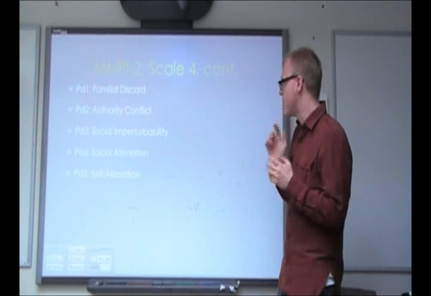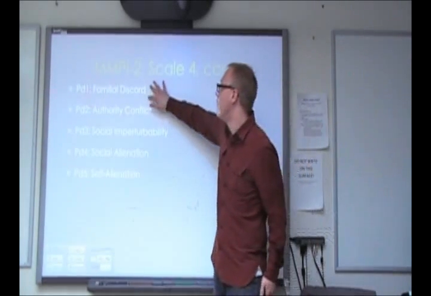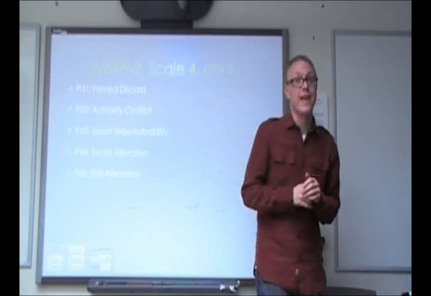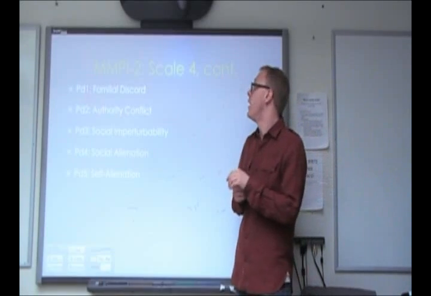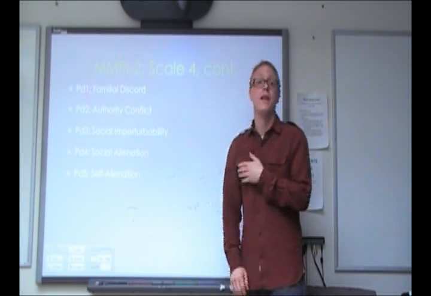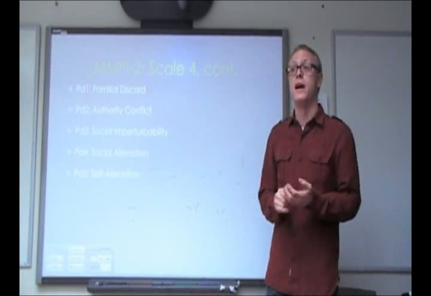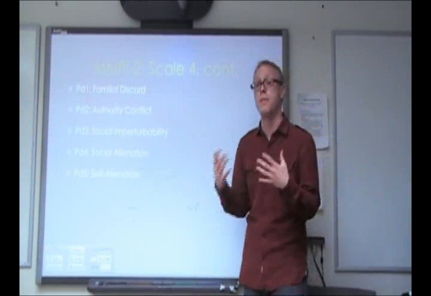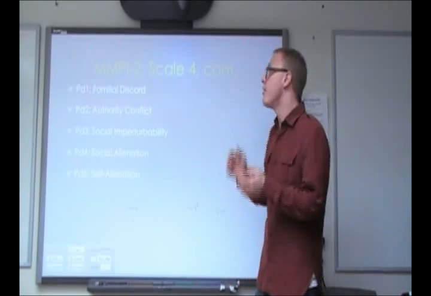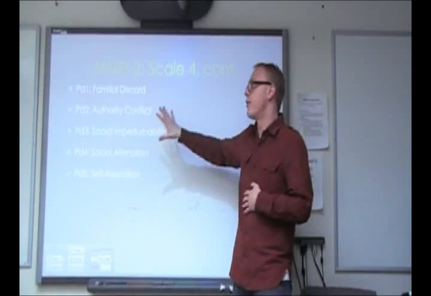Something also really important is Pd1. That's another reason adolescents tend to score really high, and a lot of people, especially: it's family discord. If you have problems with your family, it's not necessarily that you're a psychopath. It might be related to your family environment. So the first thing whenever I see an elevation on scale 4 is I immediately go to the Harris-Lingoes scales.